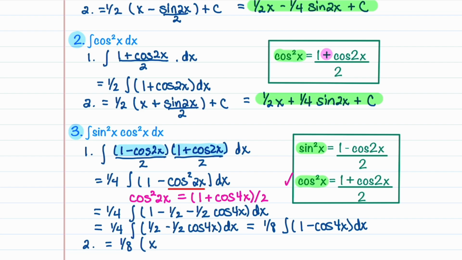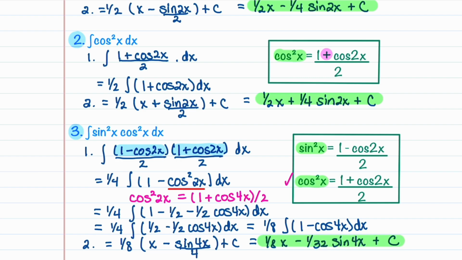The integral of cosine is positive sine, so the negative comes along for the ride, and this becomes sine 4x. Don't forget we have to divide by 4 because of that angle, and then we have our plus c, and we can rewrite this nicely as 1/8 x minus 1/32 sine 4x plus our arbitrary constant c. And there's our final answer.